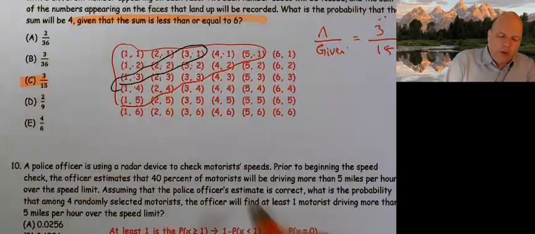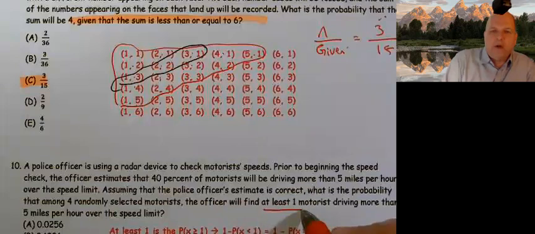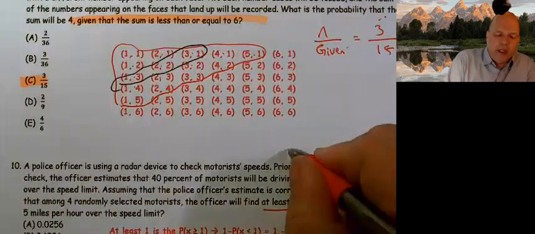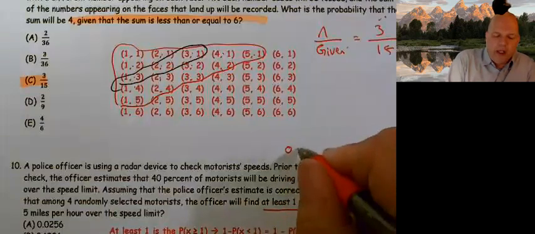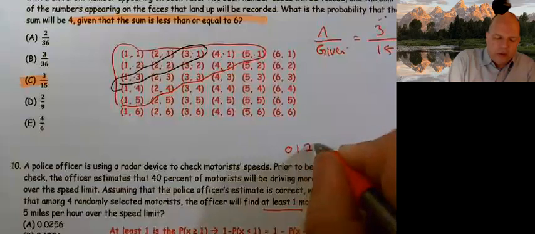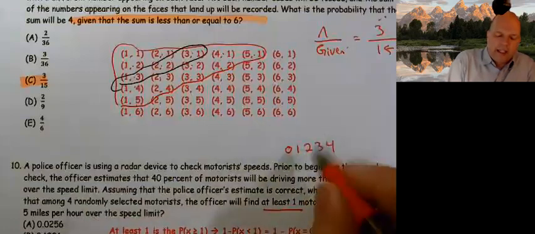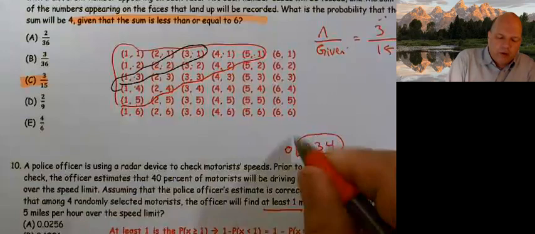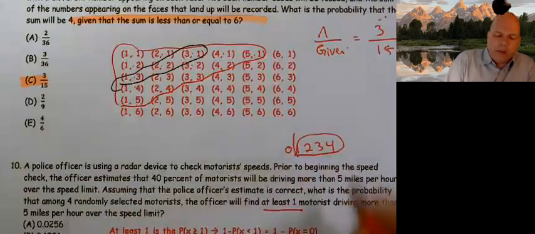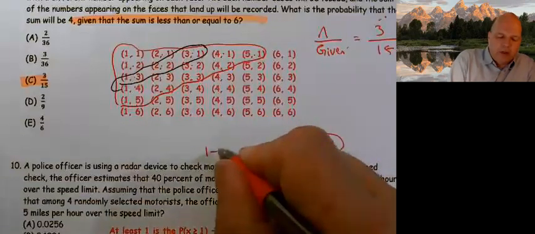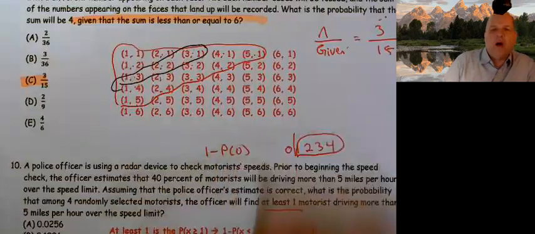Well, as soon as we say at least 1, we know we're doing a complement, because we could have 0 motorists speeding, 1 motorist, 2 motorists, 3 motorists, and 4, because we're basically looking at 4 randomly selected motorists, and we want at least 1. So we're interested in these values. So it's at least, so we're probably going to look at doing 1 minus the probability of 0.